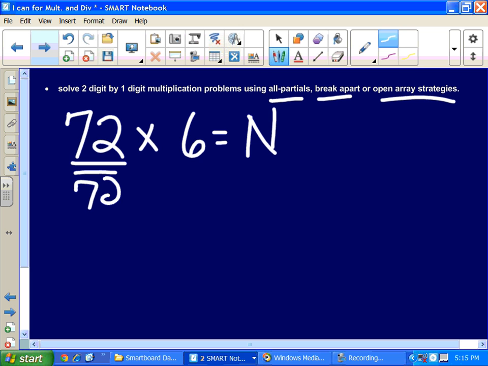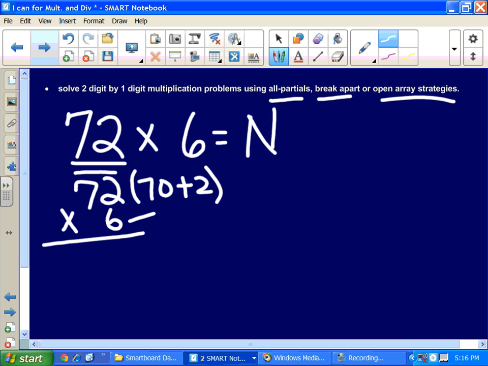So if we look at 72 times 6, first we see that we can separate 72 into 70 plus 2. So therefore, instead of just trying to do all 6 times 72 at one time, we can do 6 times 2, which is 12.